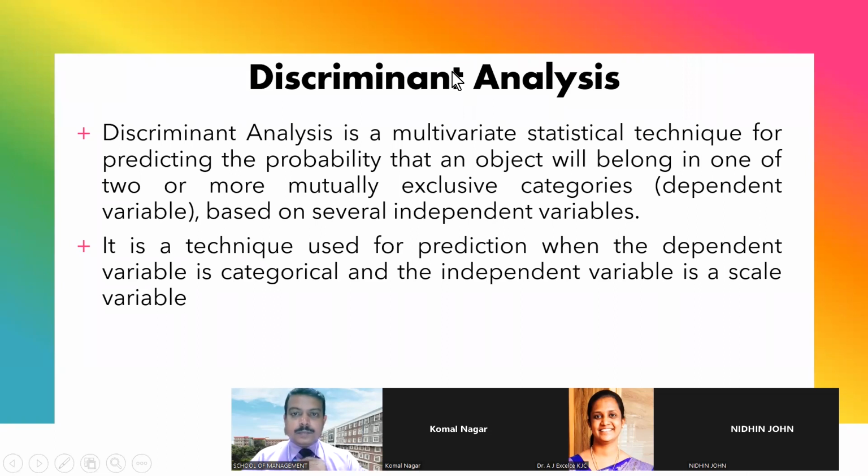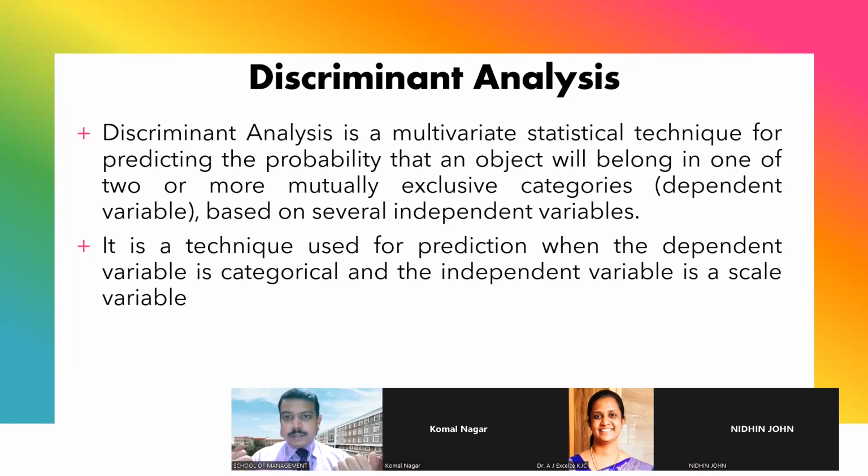In a regression analysis, if you recollect, both the dependent variable and the independent variable would be scale variables. We have a set of predictor variables called independent variables and a dependent variable, and we try to assess how far the independent variables can explain the changes in the dependent variable.